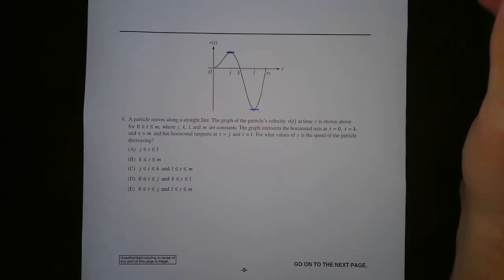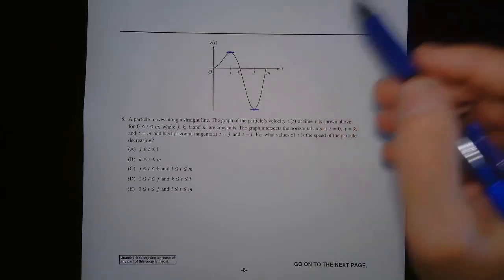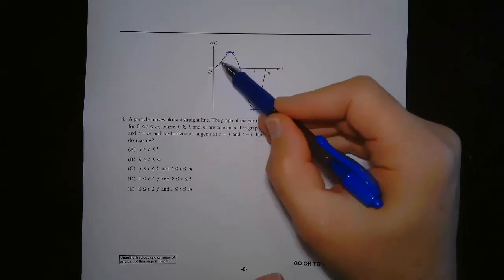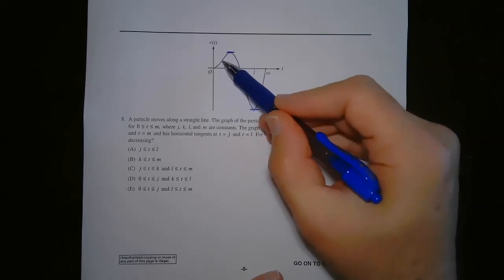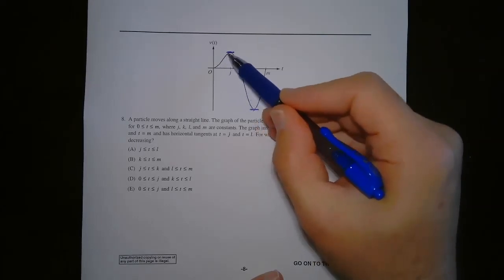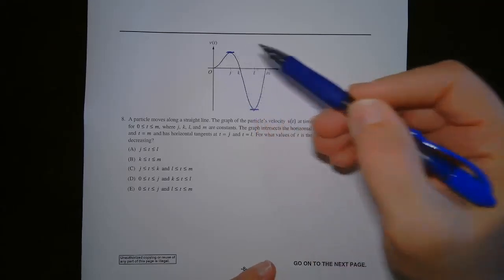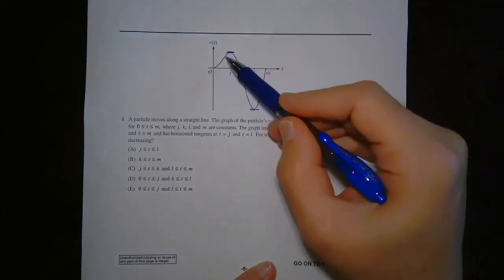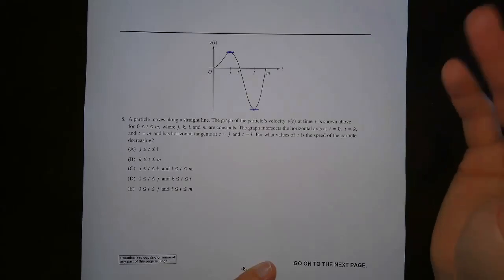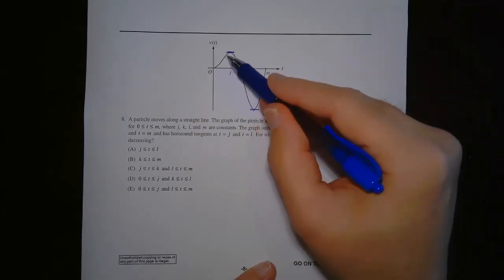So we would know from the velocity graph, if the velocity is increasing, that would mean the acceleration is positive. So right here, we know the velocity is positive, and because we're increasing here, the acceleration would also be positive. So the speed of the particle would not be decreasing, it would actually be increasing, right?